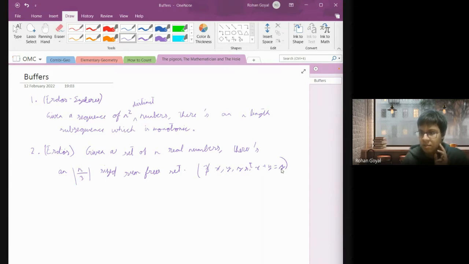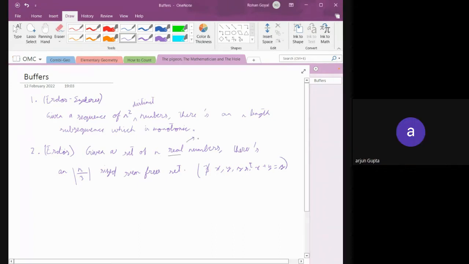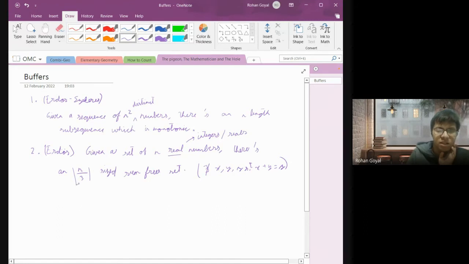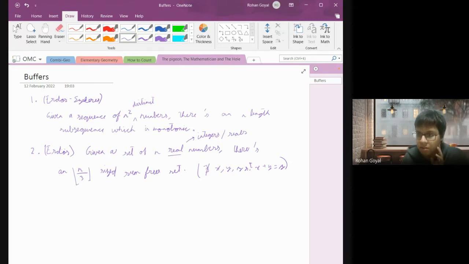Are these 2 problems enough? You can try this with integers and then reals. It is floor, right? In n by 3, sure, keep it floor, it doesn't matter. If you've not seen either of these, I think it's okay.